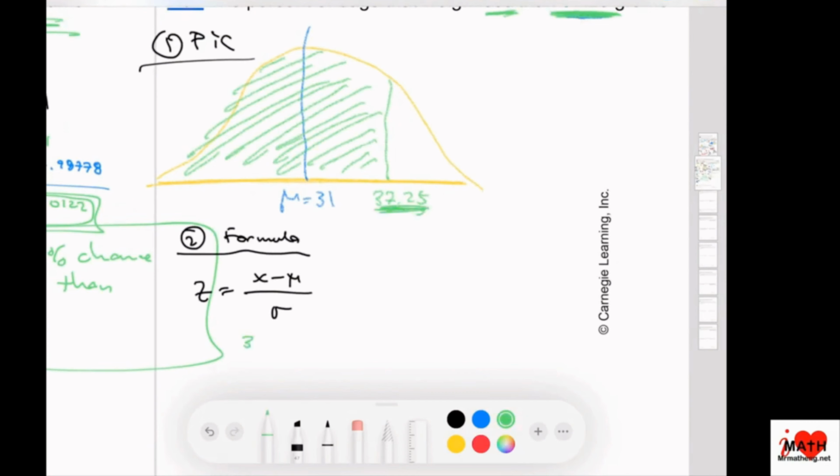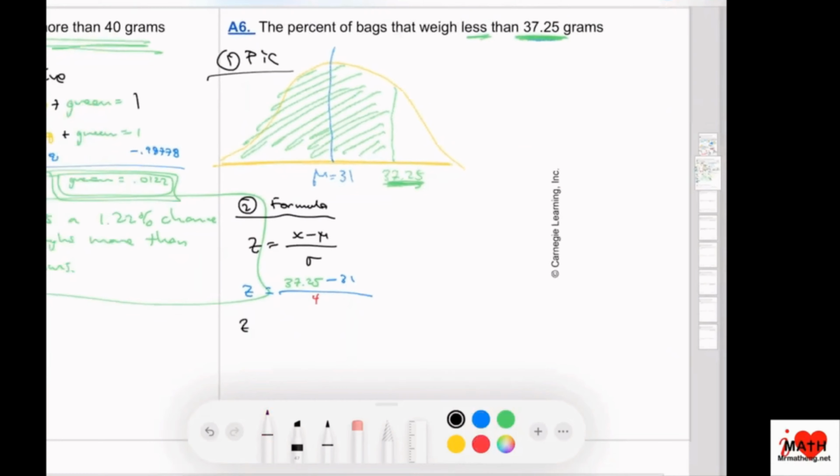That is our observed value. Our mean was given in the directions, and the standard deviation was 4. So I will get z equals 6.25 over 4. So I have a z-score of 1.5625. And I'm just going to round, it's approximate. So a z-score of 1.57.